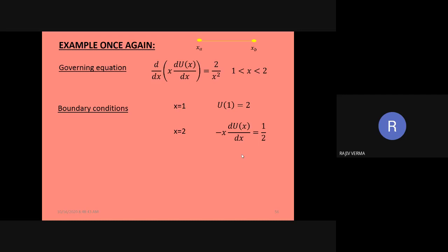For example, I could have given you a known value of u at x is equal to 1.1, that is somewhere inside the domain, and I could have given you the second boundary condition at some other point, let's say x is equal to 1.6.